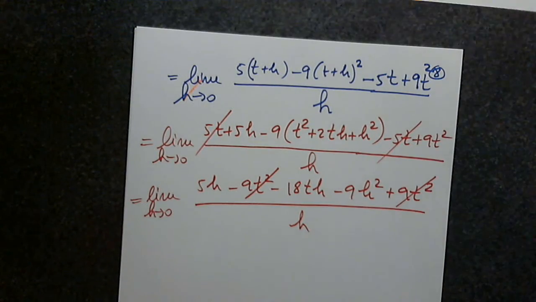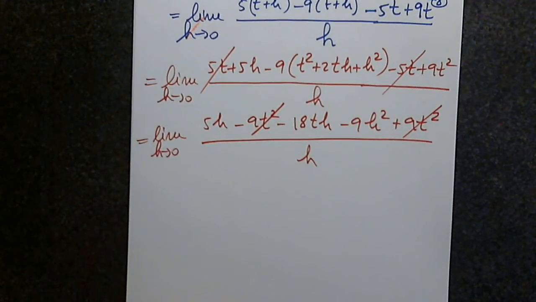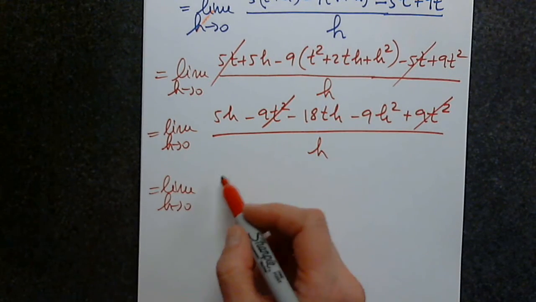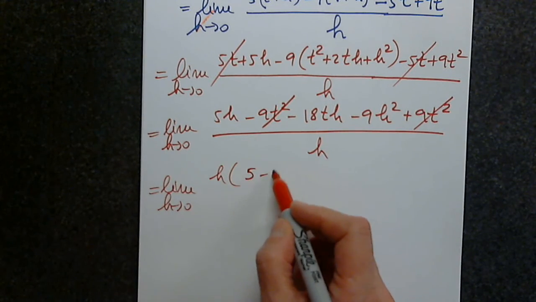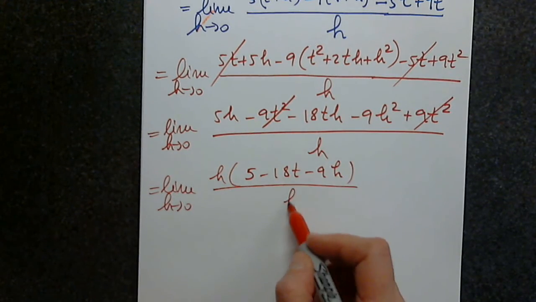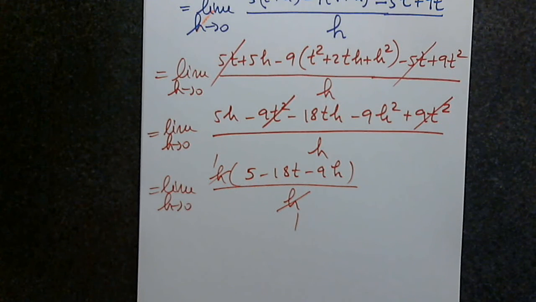Now, again as expected, I pull out an h. I get 5 minus 18t minus 9h divided by h. That's how that guy from the denominator disappears. And now, only now, I can drop the limit operator.